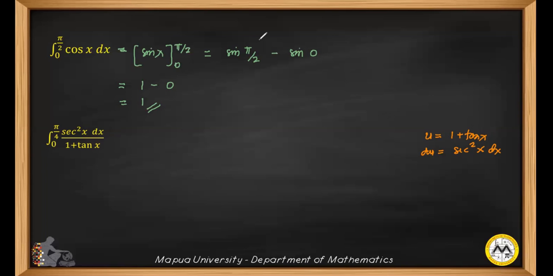Hence, the integral will lead to the natural logarithm of the denominator 1 plus tangent of x. So we have natural logarithm of the absolute value of 1 plus tangent of x, and this must be evaluated from the lower limit 0 to the upper limit pi over 4.